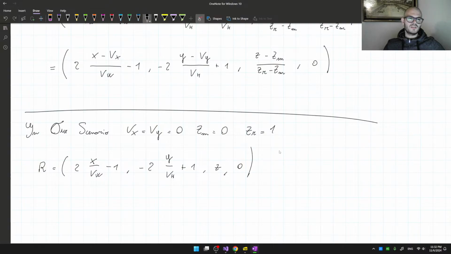Okay, so x divided by the view width, this is just mapping the x.